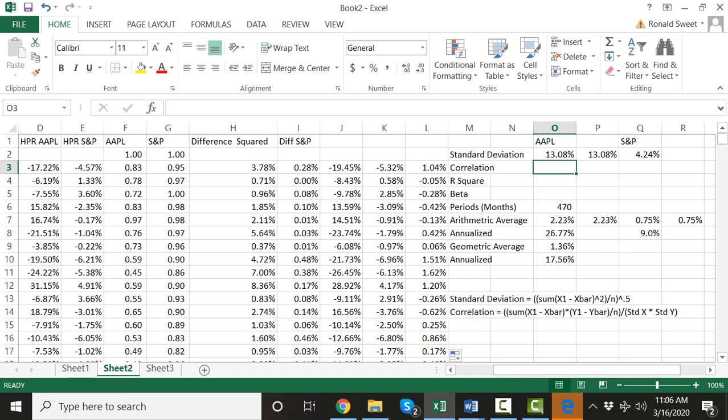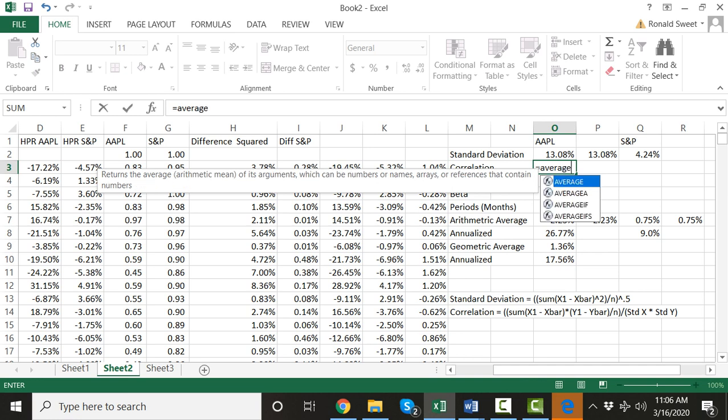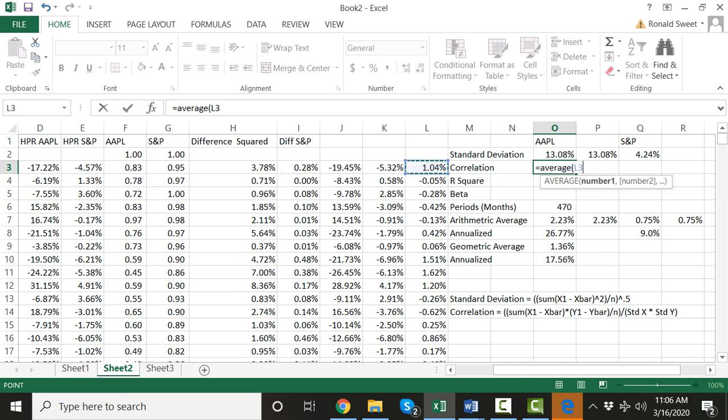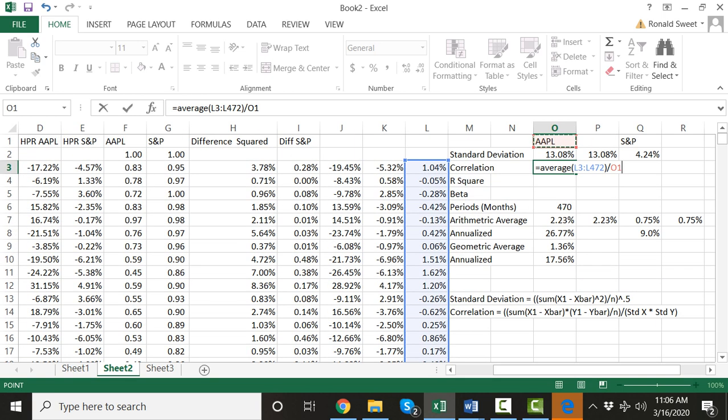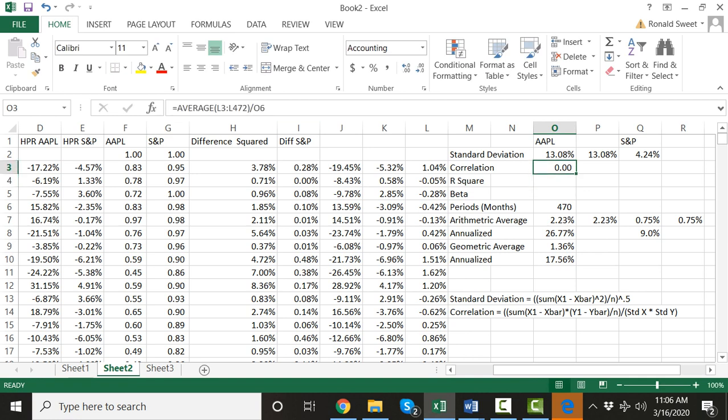Now what we're going to do is take the average of that, the average of those multiplied differences. Divide that by 470, and we're going to take that entire thing and divide it by the standard deviation of Apple times the standard deviation of the S&P 500. Hit enter.